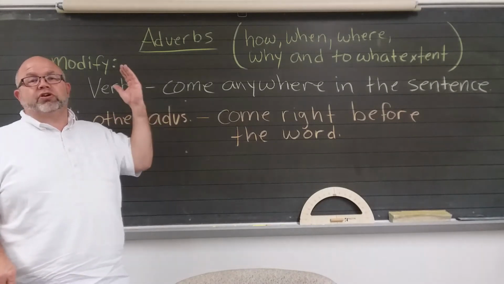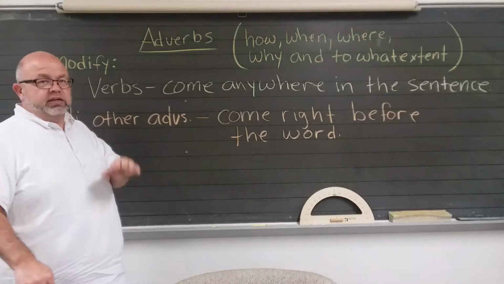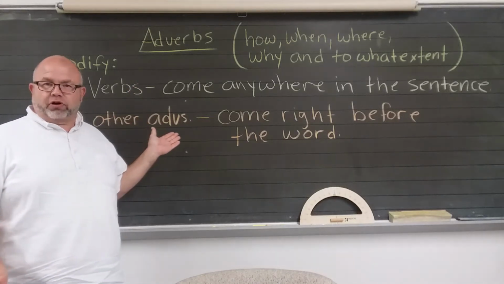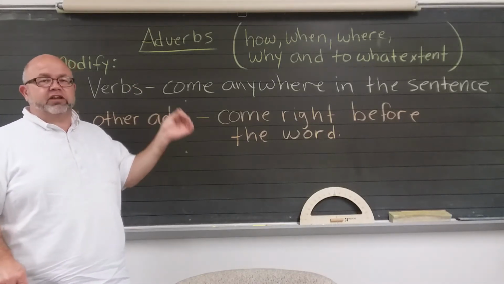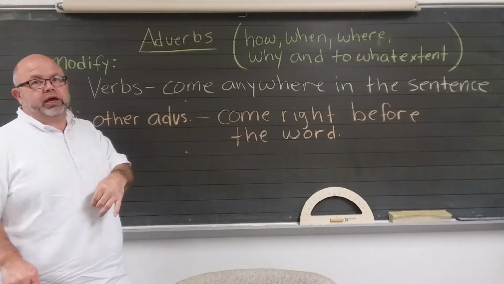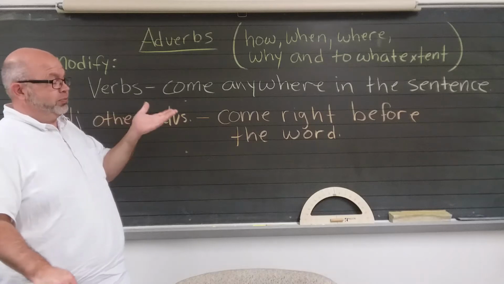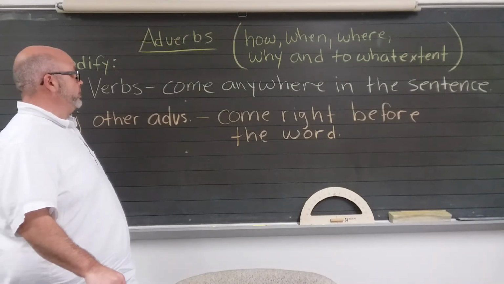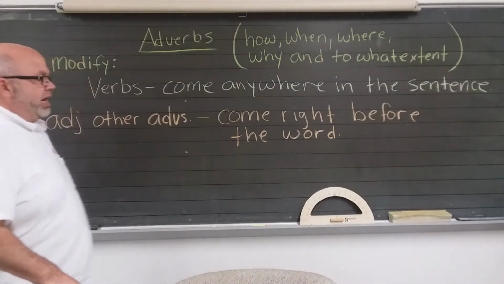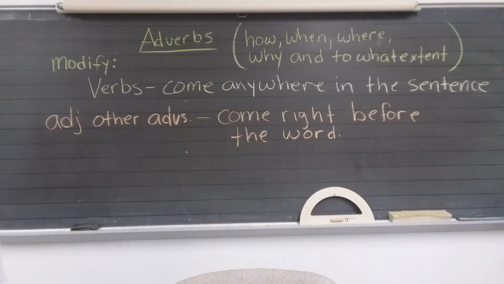He moved very slowly. Slowly would be modifying the verb moved. Very is modifying slowly. Okay? Very slowly, not very moved. So that would be an adverb modifying an adverb. So just check that out a little bit. Make sure you can see that on your video.